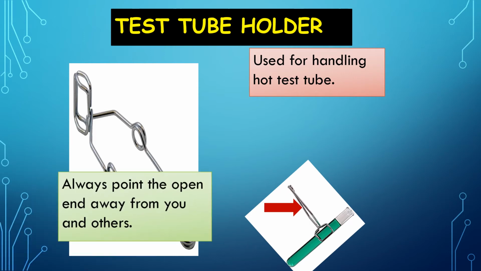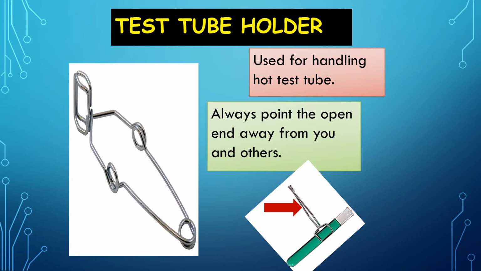So always remember, when you are heating substances using a test tube, always point the open end away from you and others to avoid accidents. So the open end should be away from you or from other people.